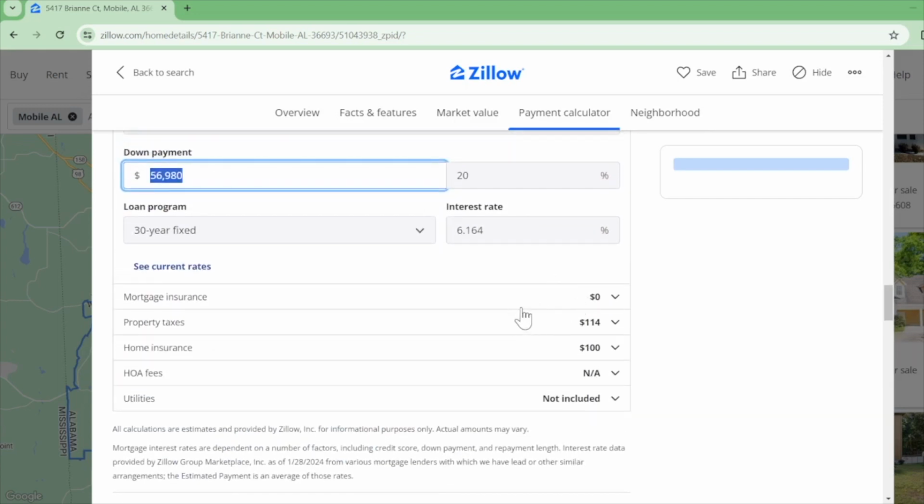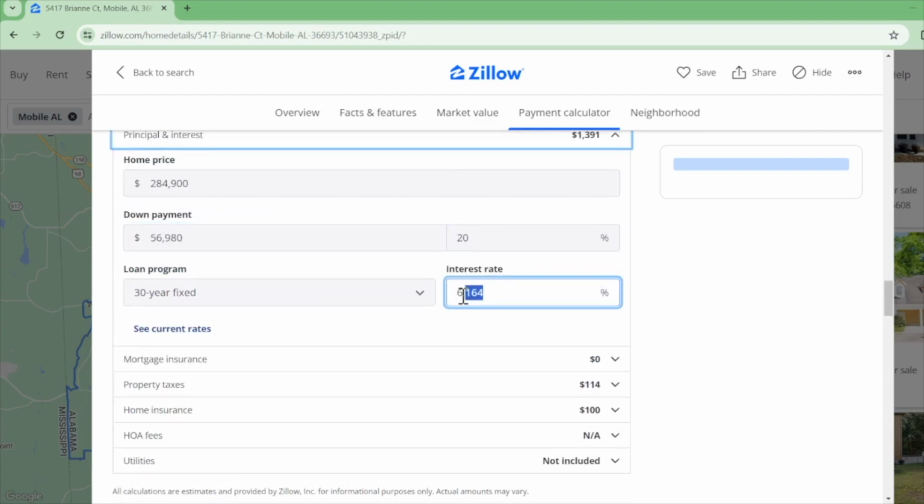Mortgage, insurance, property taxes. You look at the interest rate here. The bank is giving you 6% on this one, or this is the estimated interest rate. When you actually go and apply for a loan, your interest rate may be different depending on your credit score. Now, you're probably not old enough to have a credit score yet, but when you are old enough to apply for credit cards or a car loan or a car lease or anything like that, make sure you pay your bills on time, and that will increase your credit score.